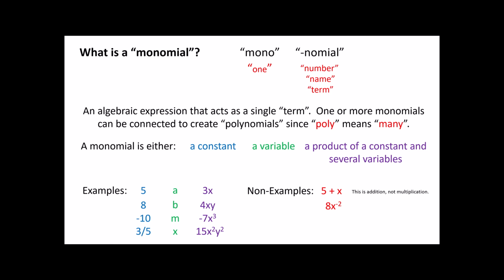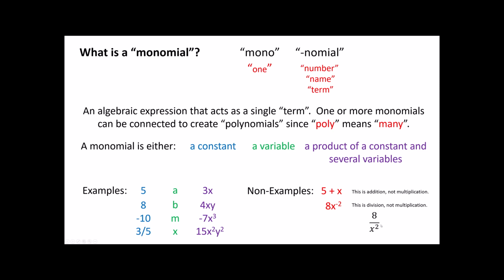8x to the negative second is also not a monomial because even though it looks like you have an 8 multiplied by a bunch of x's, we have to keep in mind that this negative exponent tells us to use the reciprocal. This is actually division, not multiplication. Remember, x to the negative 2 is the same as 1 over x squared, and 8 times 1 over x squared is 8 over x squared.